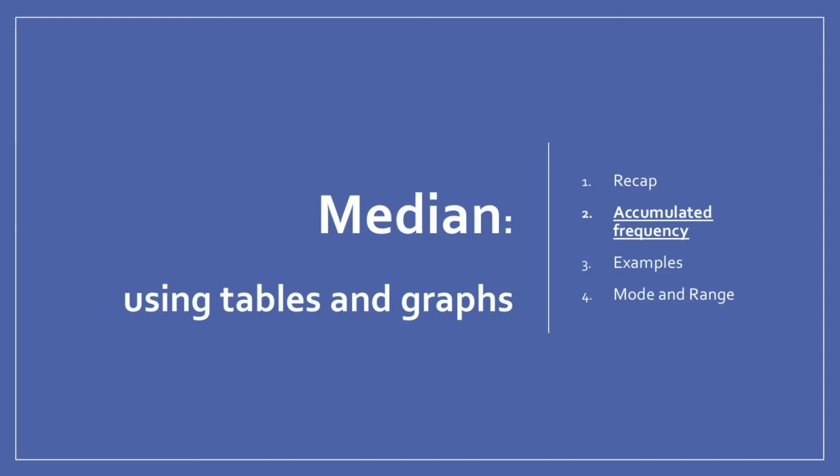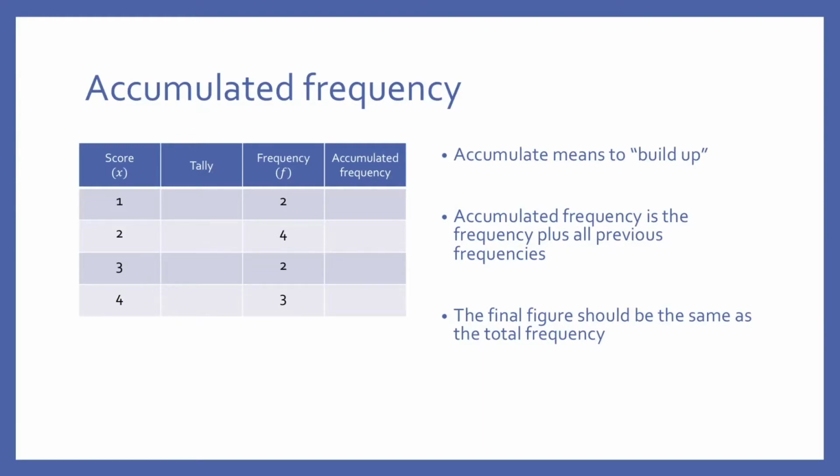Next thing, accumulated frequency. Accumulate just means to build up. So what we're going to do is add up the current frequency with all the frequency before that. So what I mean is, first, frequency is 2.